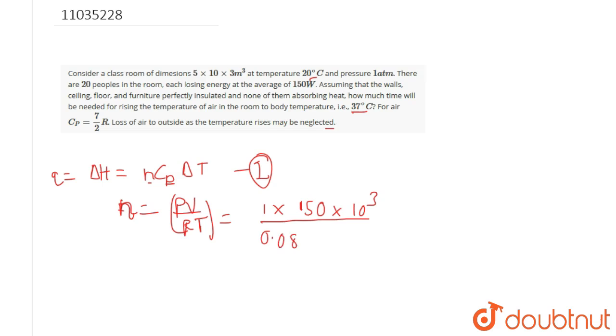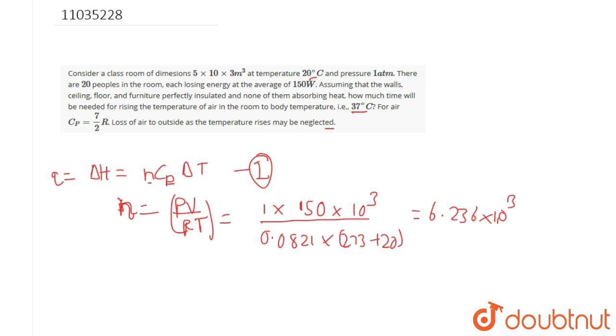R is 0.0821 and temperature is 20 degrees Celsius, that is 273 plus 20 Kelvin, that is 293 Kelvin. On solving this you will get the number of moles as 6.236 into 10⁻³. This is the number of moles that is present in the room initially.